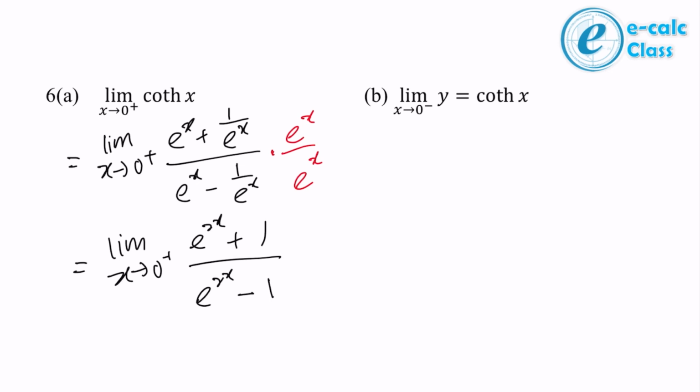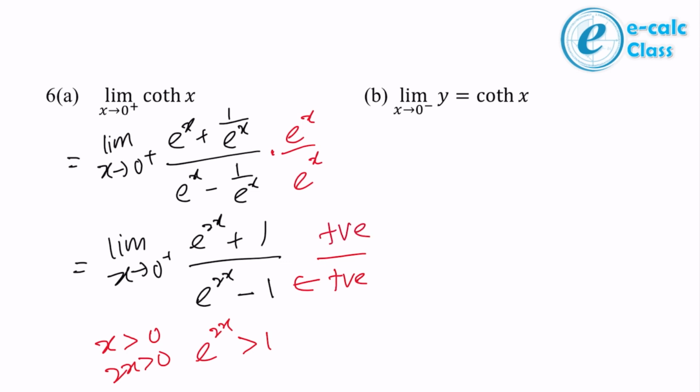Whenever you approach 0 from the right, you are raising to a positive power. Whenever x is greater than 0, 2x is greater than 0, and e raised to the positive power is greater than 1. Hence, this will be positive, and on top, it is plus, of course positive. Positive over positive, you know that this is a positive infinity, finish.